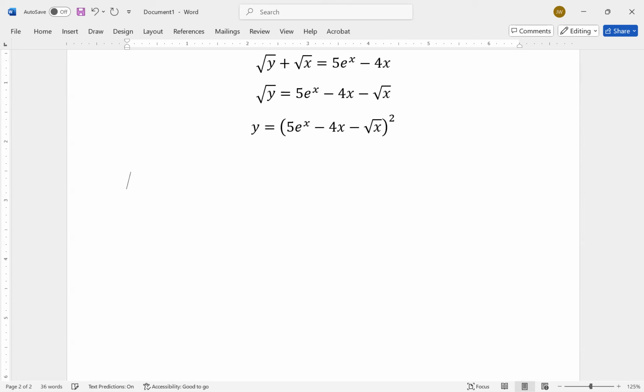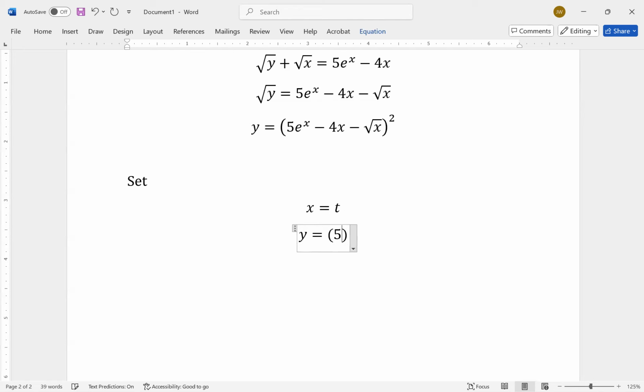Obviously, it's easier to set x equals t in this example. So we're going to set x equals t. You could use any expression you wanted for x, but again, the simplest is just x equals t. And y is going to then be equal to that big quantity being squared.